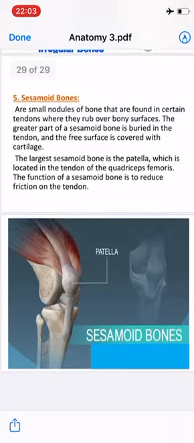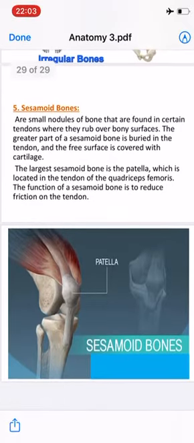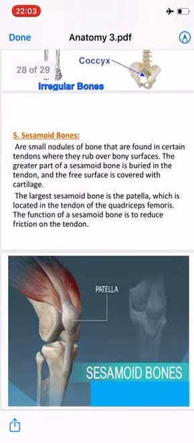And finally we have the sesamoid bone. Sesamoid bones are small nodules of bone that are found in certain tendons. يعني هو عبارة عن عظم صغير موجود ضمن تركيب الوتر المكون للعضلة أو الوتر الذي تتصل به العضلة، تتصل عن طريقه العضلة بالعظم.